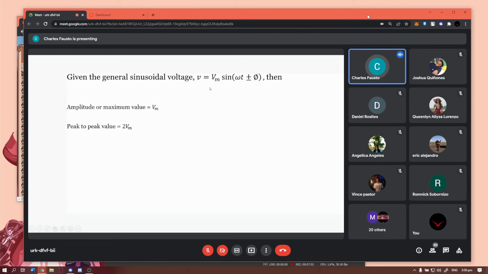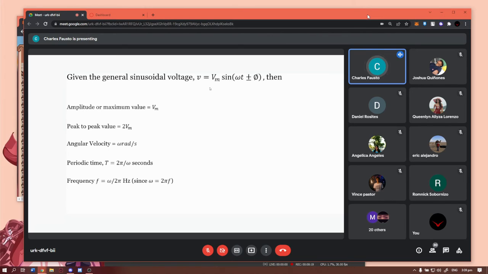So, yung ating peak-to-peak value naman is equivalent to 2 multiplied by maximum value. And yung ating angular velocity, equivalent to omega rad over seconds. So, periodic time, T is equivalent to 2 pi over omega seconds, no?